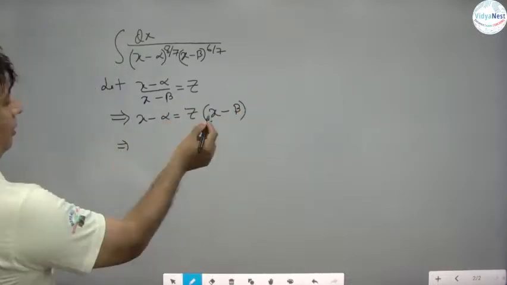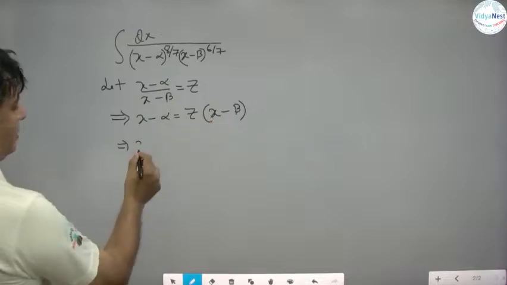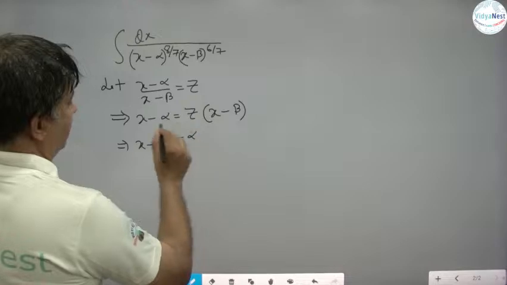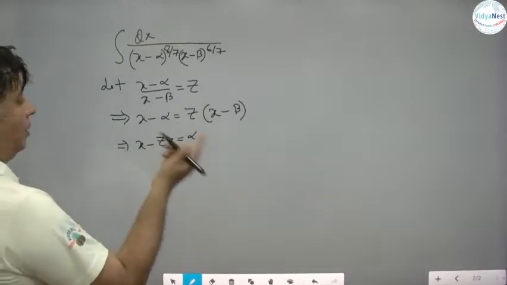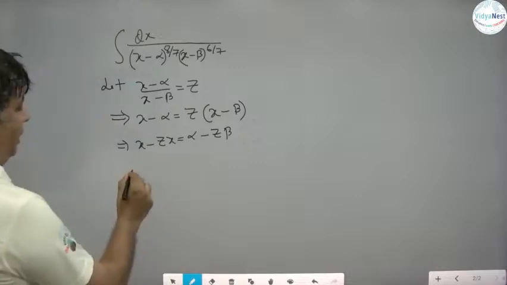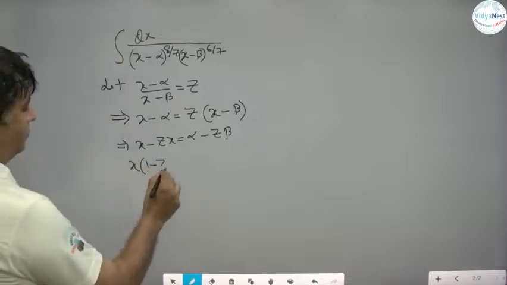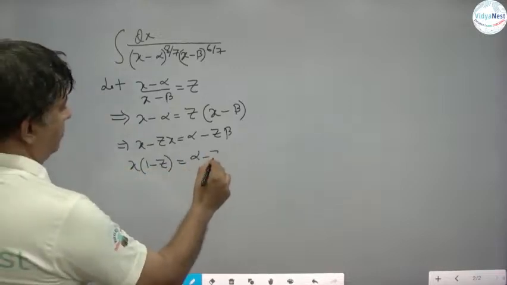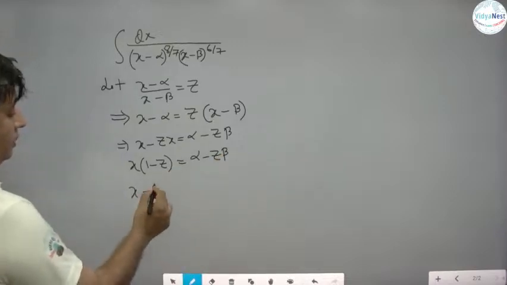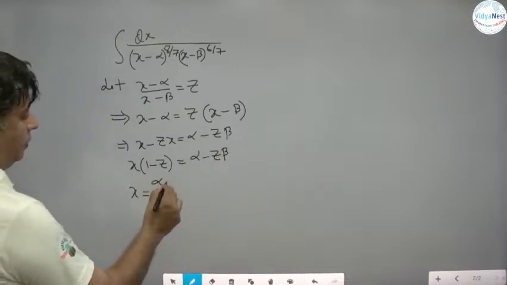Bring all the term regarding x in one side and all the term which is without x in other side. So x will be taken common. So we are able to segregate x and z.